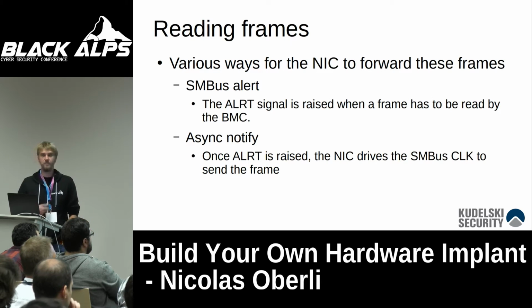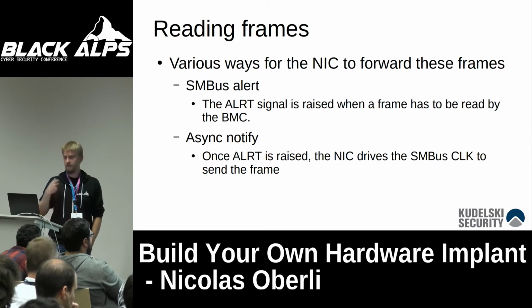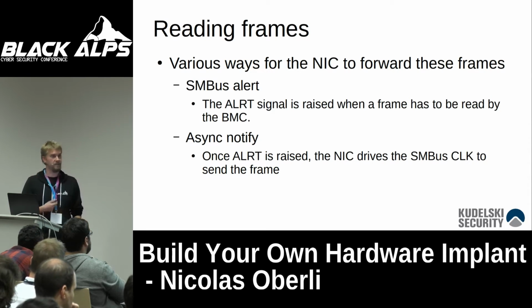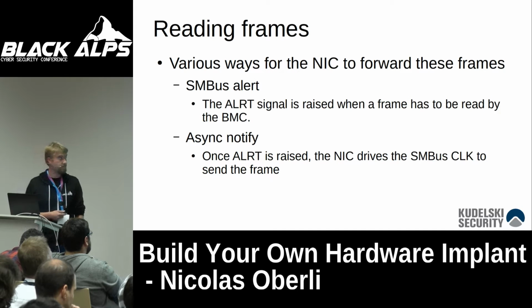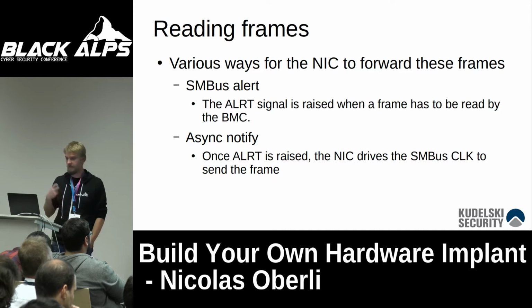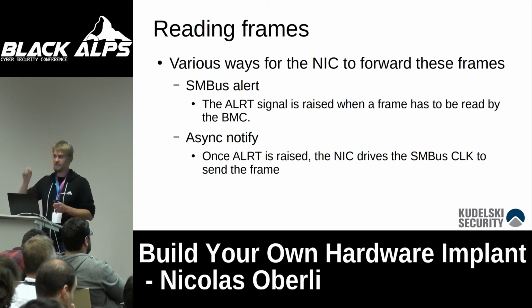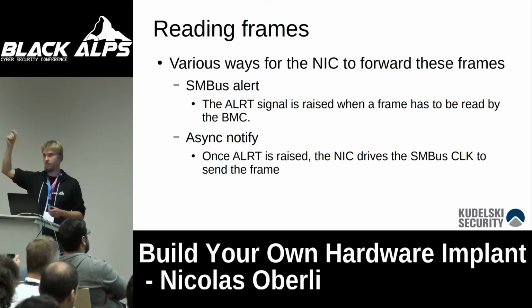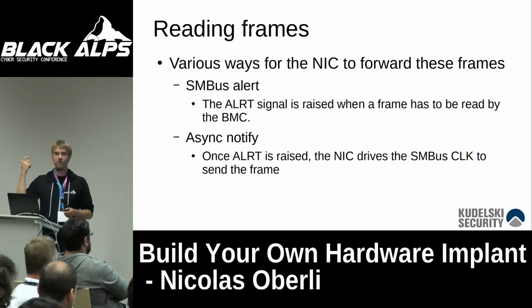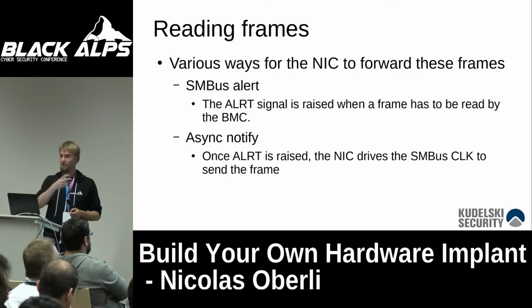That's good, but you need to know exactly how to read the packets from the NIC. And on those specific NICs, you have 4 different ways to read the frames. The first one is called the SMBus alert. That's basically a third signal that goes from 1 to 0 each time a packet is available for our implant to read.